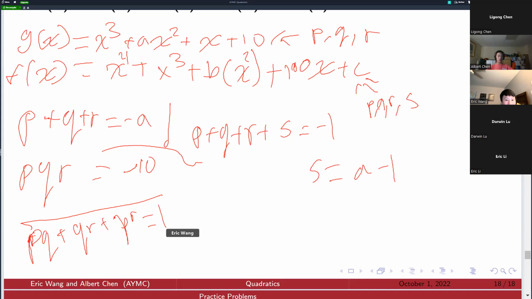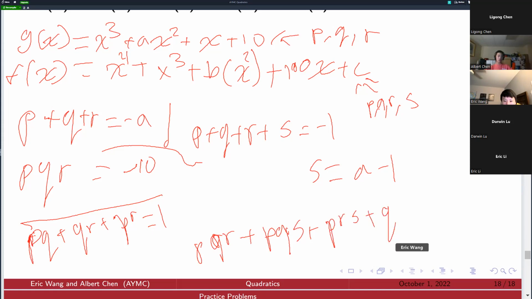And we also know that from the linear term of f of x, pqr plus pqs plus prs plus qrs is 100, and actually, sorry, -100.